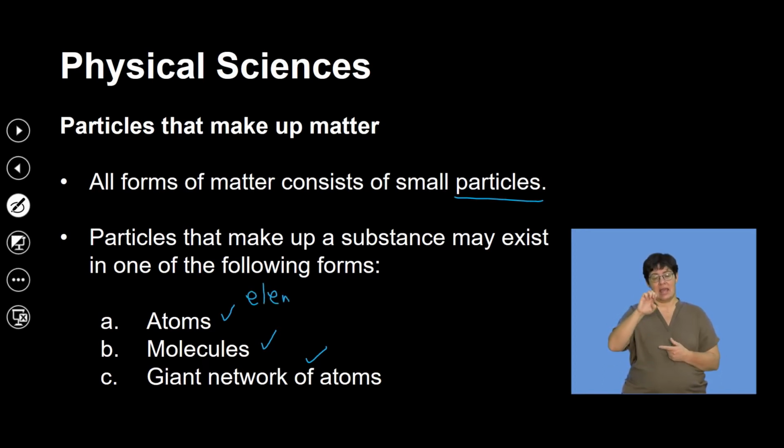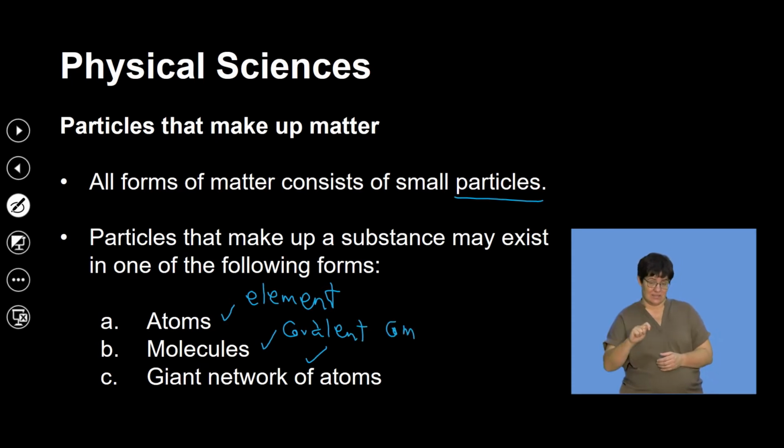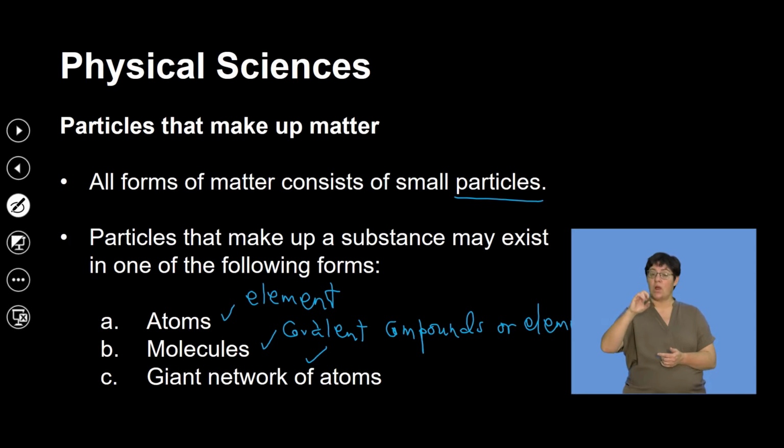An element would definitely consist of atoms of the same kind. Molecules would be your covalent compounds and elements. Remember, we have molecules of elements, oxygen, for example, chlorine gas.